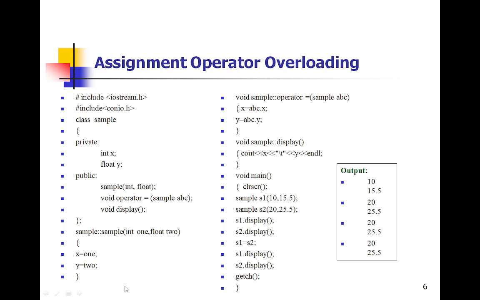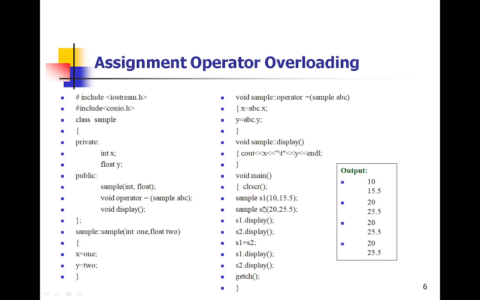Outside the class we define the constructor. The values 10 and 15.5 are assigned to the variables x and y, which we use for the display operation. Whenever the object is created, the constructor is invoked automatically.